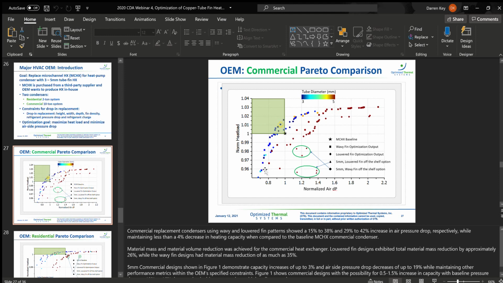So lots of good options there. And then I've highlighted once again one of these designs here, and that will be discussed further in Yoram's cost model.